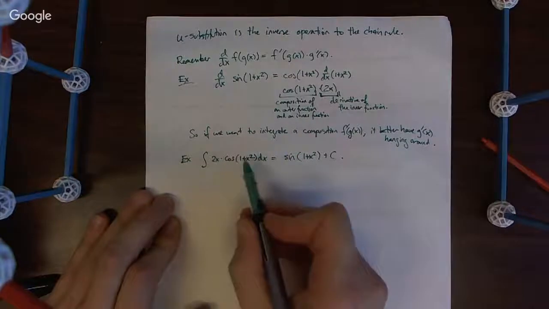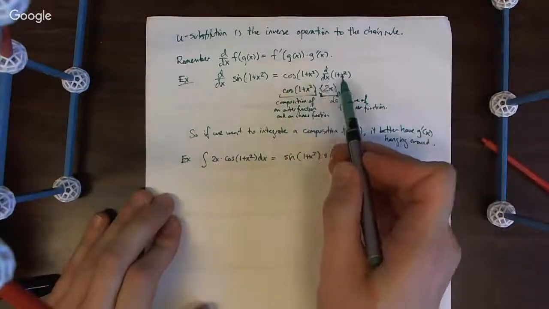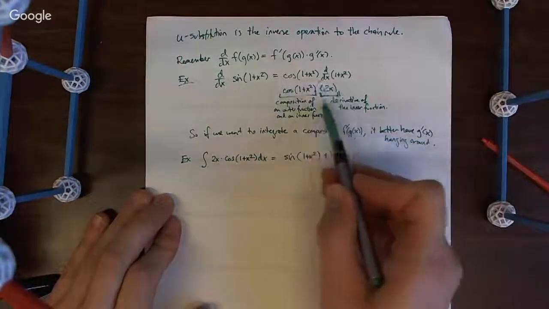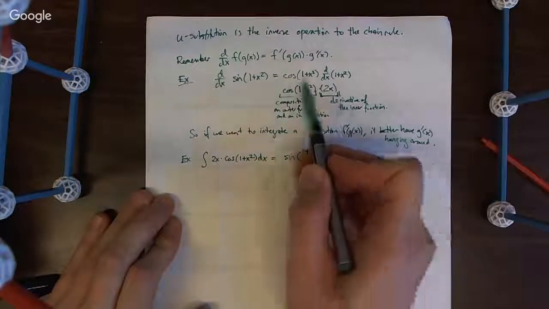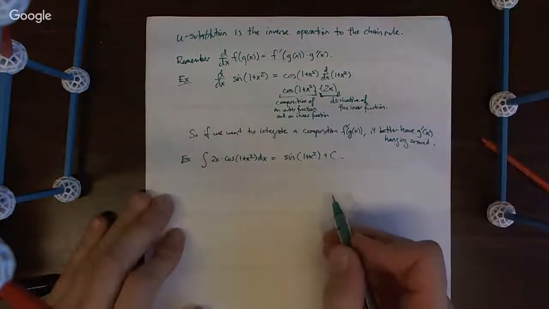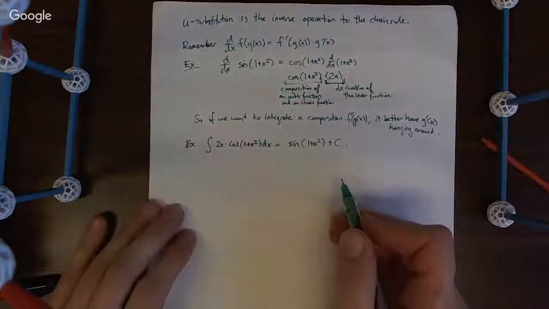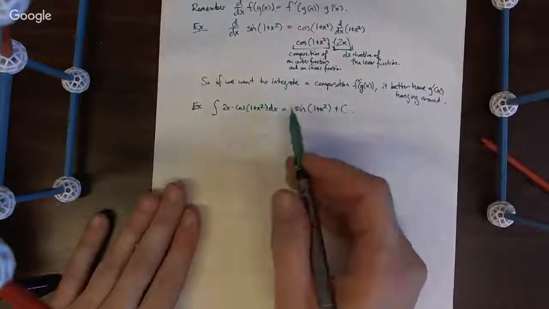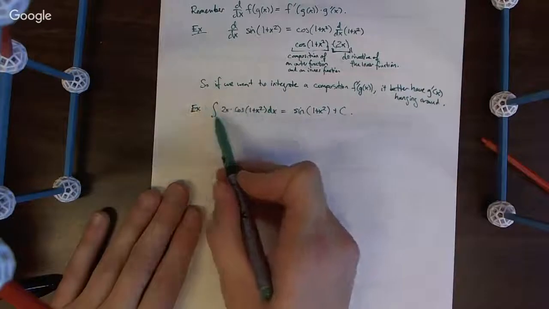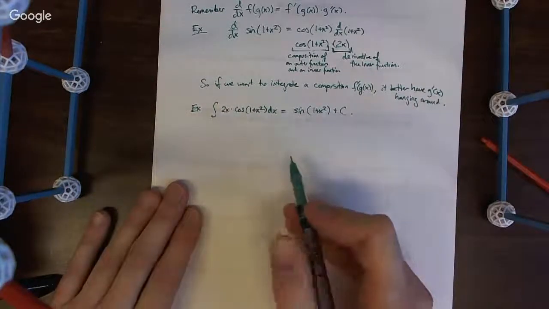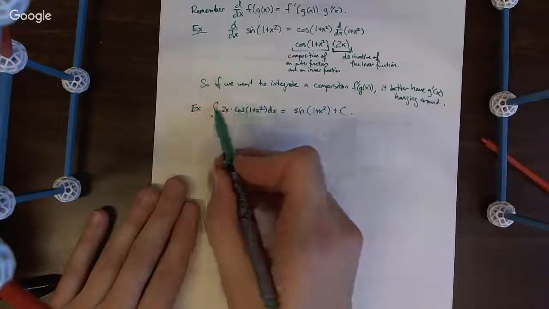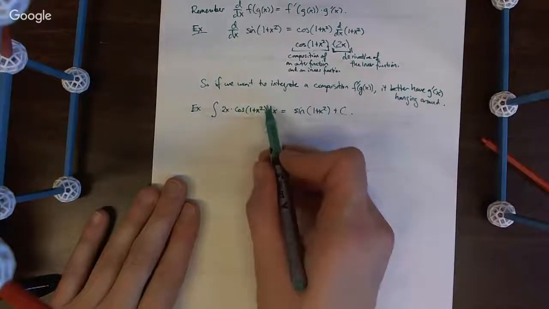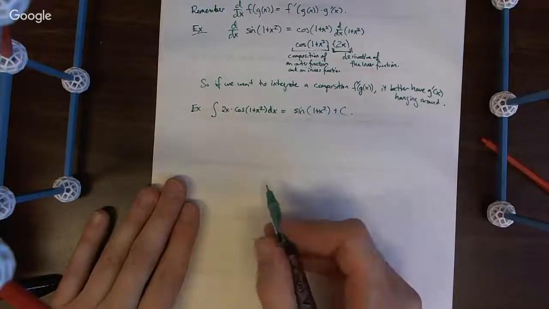When we take the antiderivative of the cosine of 1 plus x squared times 2x, we're going to get the sine of 1 plus x squared, plus a constant. So we're going to learn how to do integrals of this type and integrals that are not quite as obvious as this type.